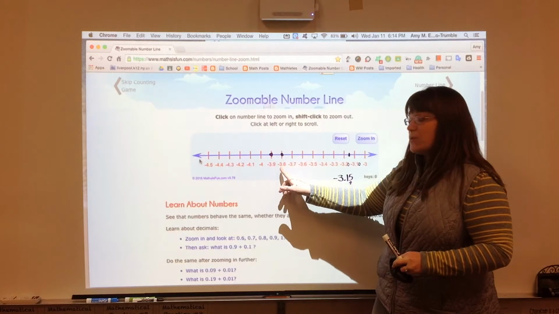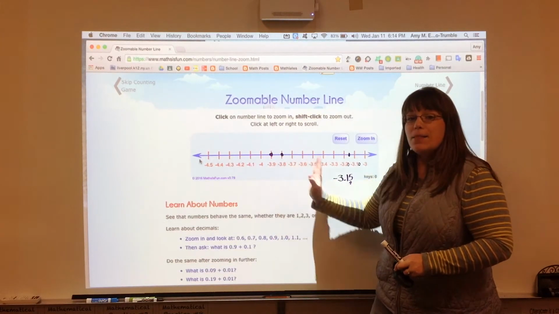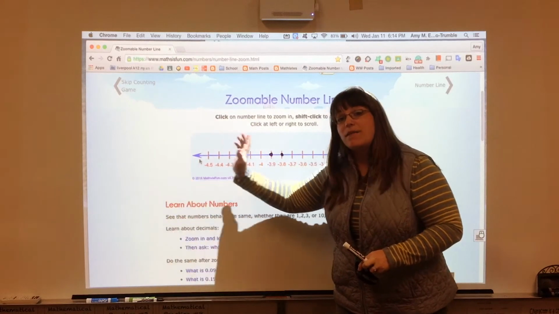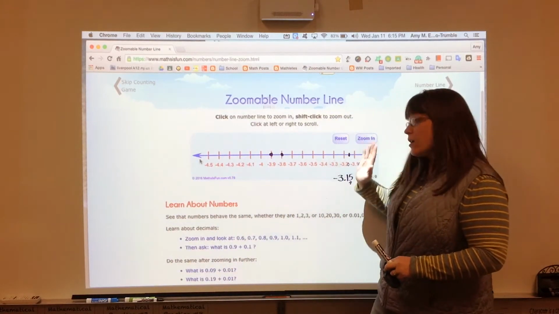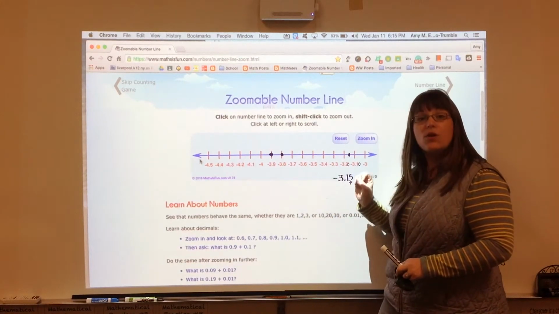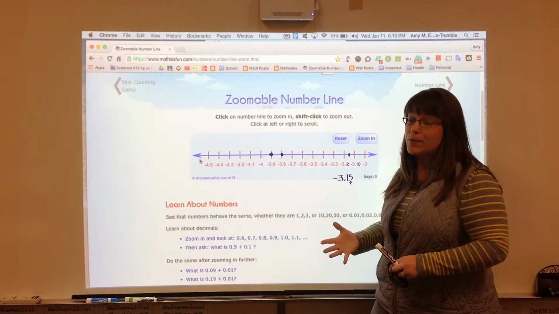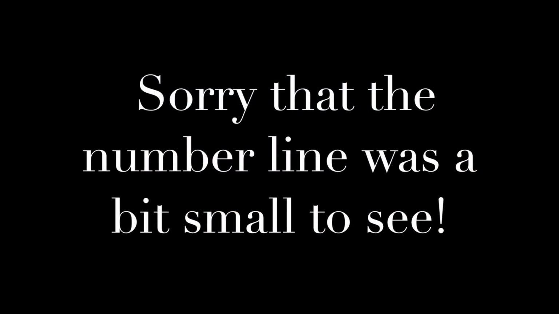If you have negative 3.8 compared to negative 3.9, 3.9 is to the left, 3.8 is to the right, and the farther you are to the right, you're closer to 0 when you're dealing with two negative numbers.